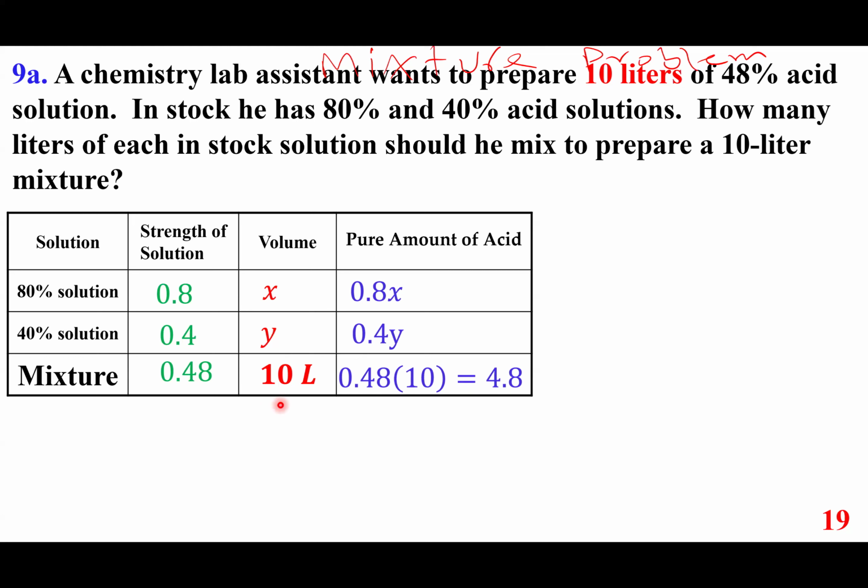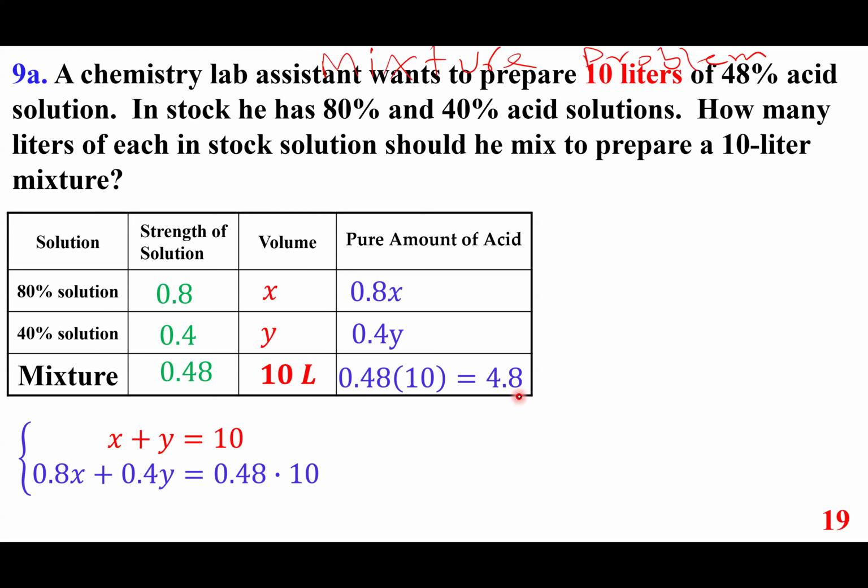So as I mentioned, this is one equation, x plus y is 10 liters, the volume is constant. The total pure amount is not changing, so these two add up because we are mixing them, and we get 4.8.